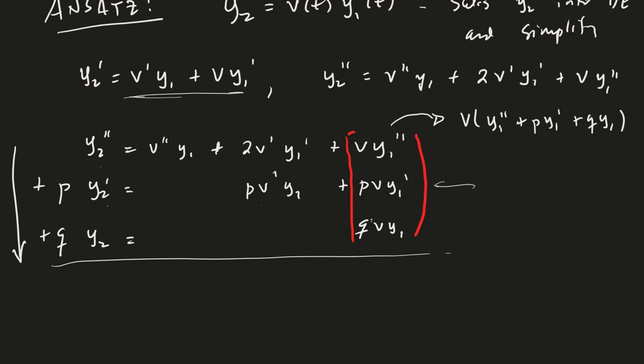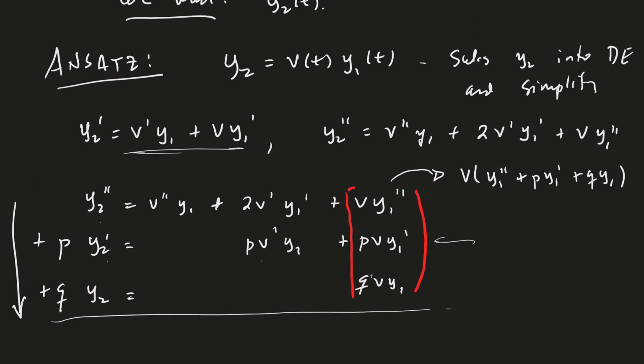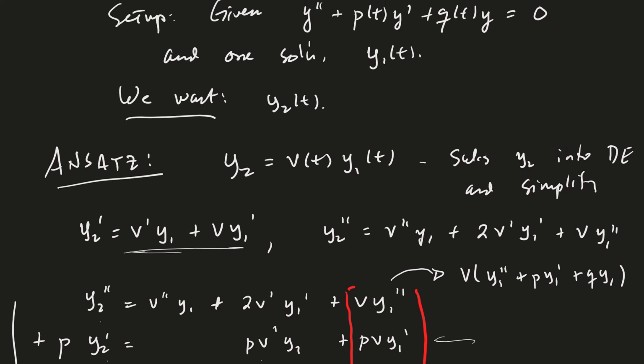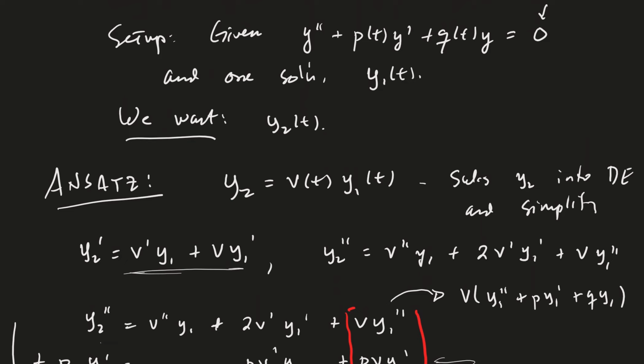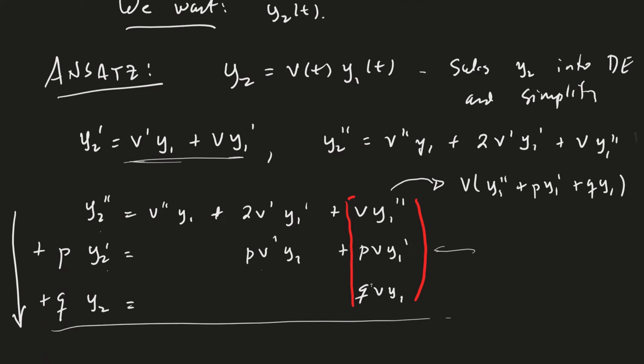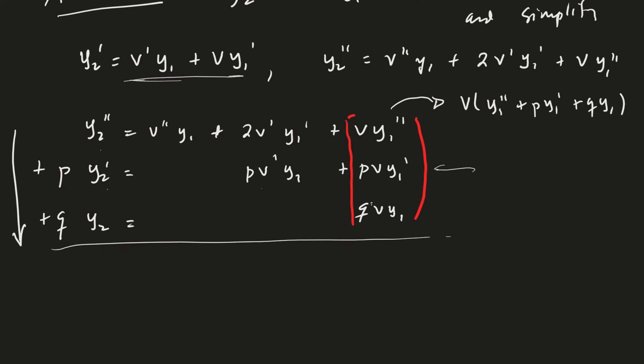Does that look familiar to you? It should, because we said that y1 was a solution to this differential equation. Therefore, what's the quantity here in parentheses? This is equal to 0. Good, so this drops out.